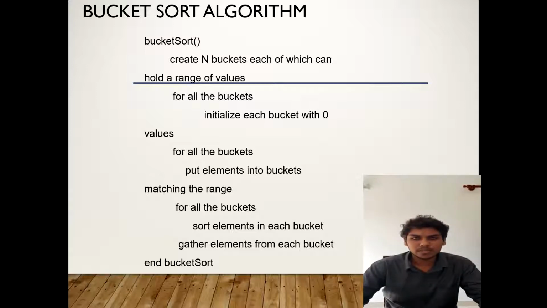For all the buckets, initialize each bucket with 0 values. Then put the elements into buckets matching the range. Then sort the elements in each bucket, and finally gather elements from each bucket, and we end bucket sort. This is like a pseudocode for the bucket sort algorithm.